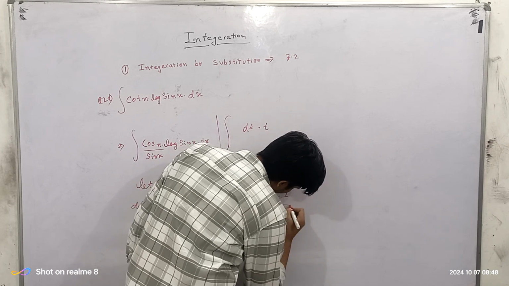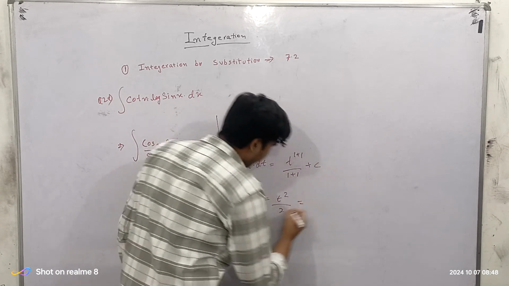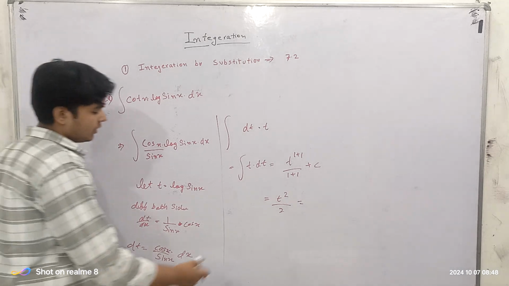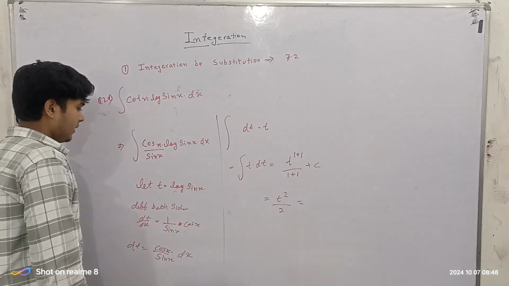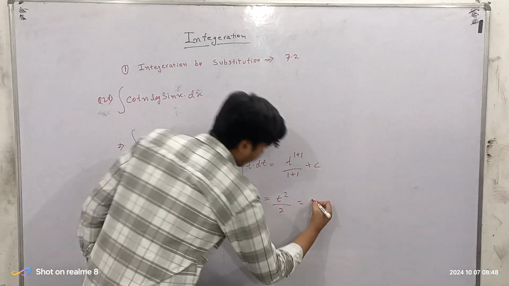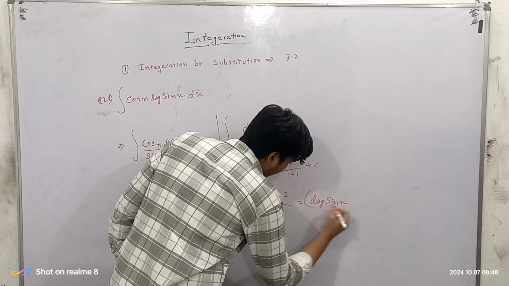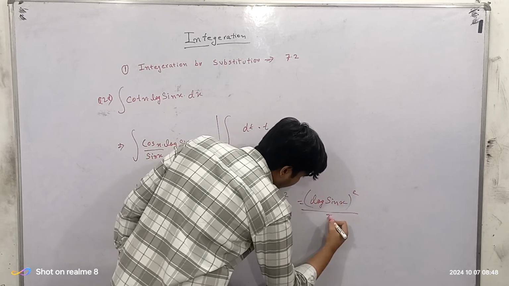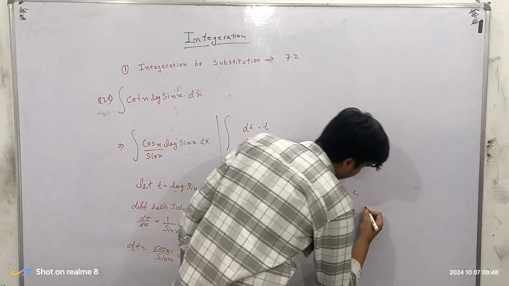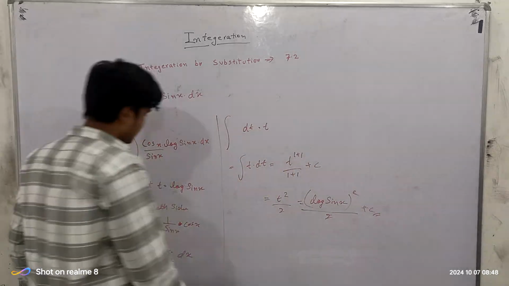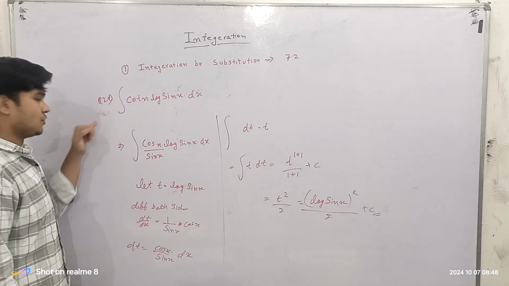The value will be t squared by 2. We cannot leave it as t, otherwise the answer will come out wrong. So it is log sin x whole squared by 2. This will be the answer, plus c. Plus c will be written in every answer as discussed earlier. This is the answer of question number 29.